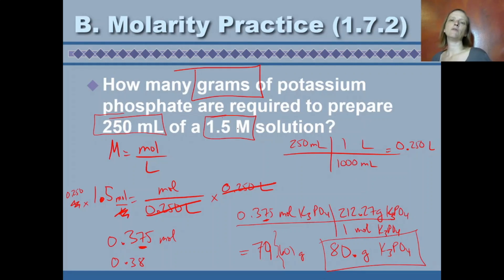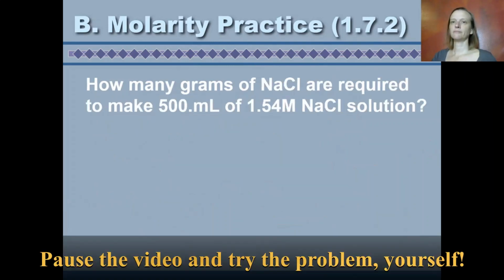So now, if you know ahead of time how much solution you want to make and what concentration you want that solution to be, you can figure out exactly how much you need to weigh out. Let's do one more example. How many grams of sodium chloride are required to make 500 milliliters of a 1.54 molar sodium chloride solution?